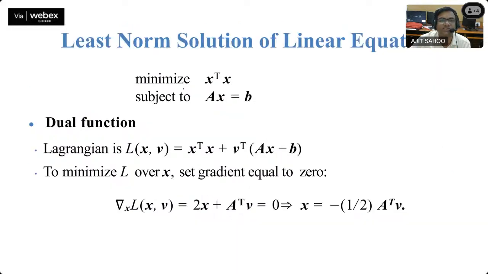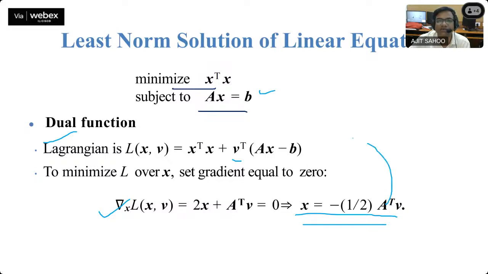For example, in this case, this is an equality constraint problem. Minimize x transpose x subject to Ax equals b. Now you form the Lagrangian with nu transpose (Ax minus b), because only the equality constraint is there. After forming the Lagrangian, you take the derivative with respect to x, and you get x to be this much.